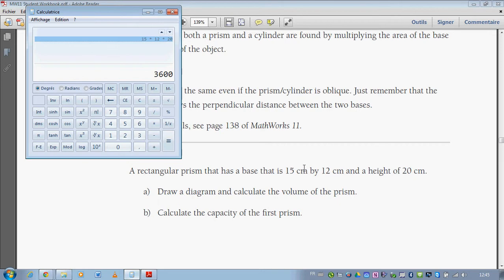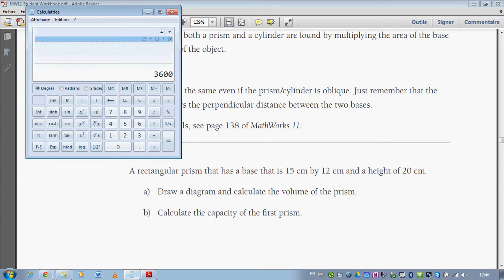So the length times the width is the area of the base, and then you take that area and multiply it by the height through which that area extends, and that is therefore the volume. I'm pointing that out because we'll be talking about that in a few minutes when we deal with cylinders. That gave us 3,600 as the volume in centimeters cubed of the prism.